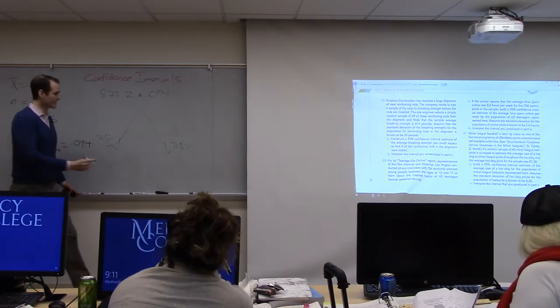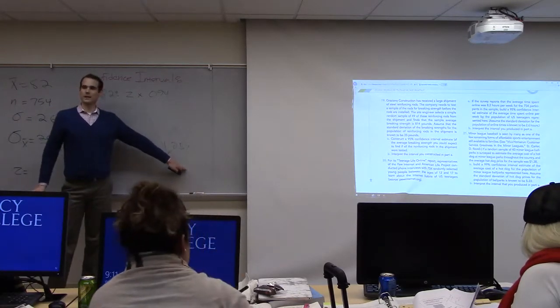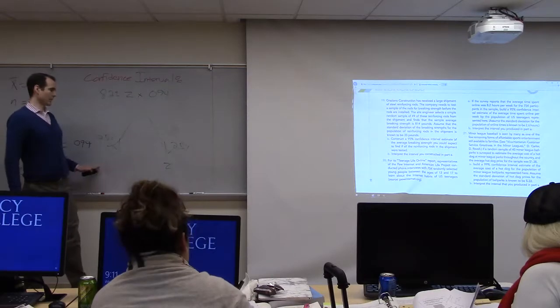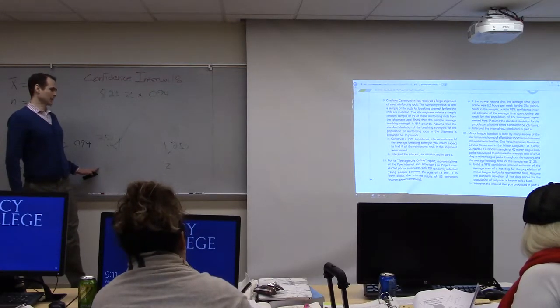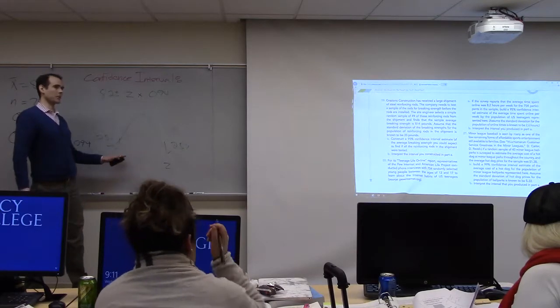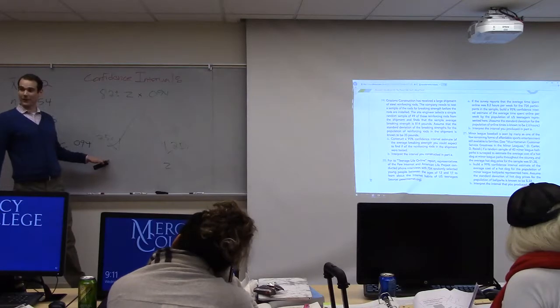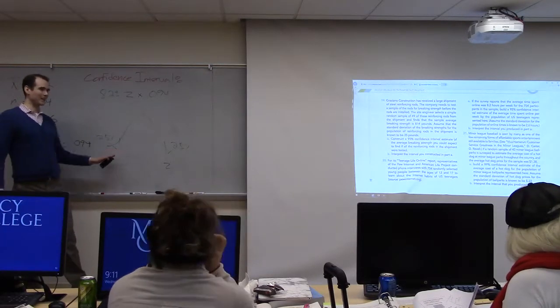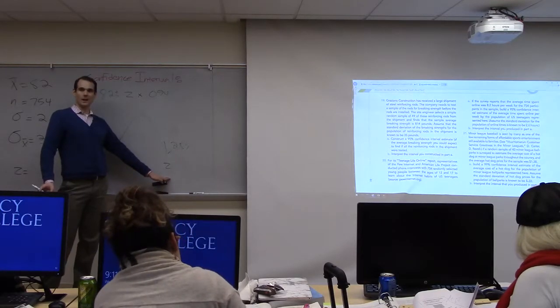So what I need is the z-value that separates the upper 2.5% from the bottom 97.5%. So that's 97.5. It includes the 95% in the middle and the 2.5% in the tail, for a total of 97.5% area under the curve for this z-score.